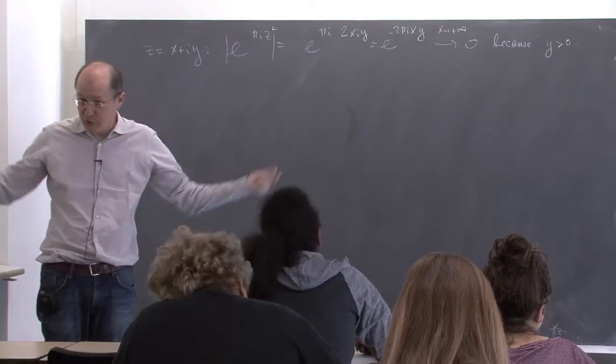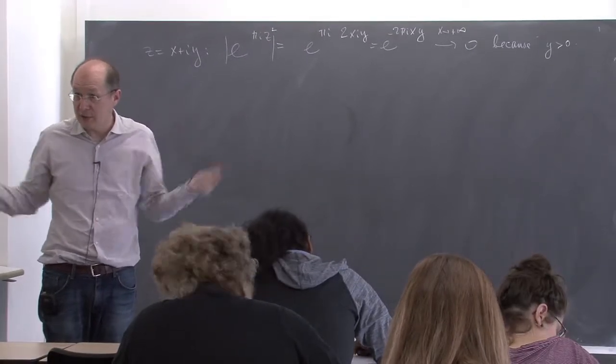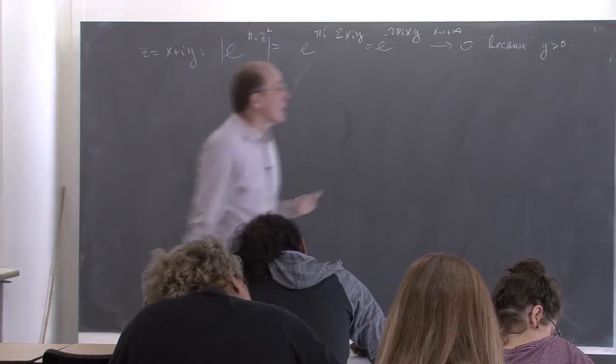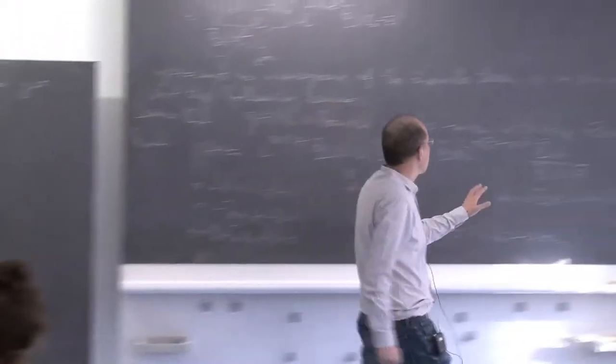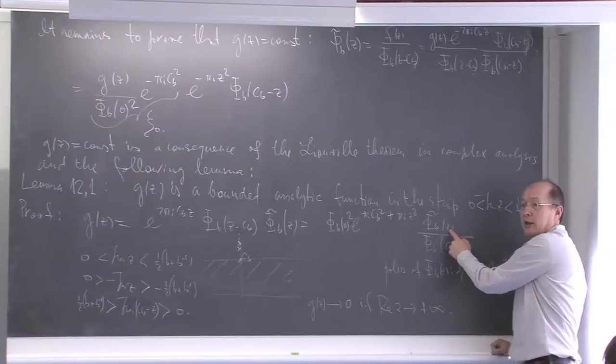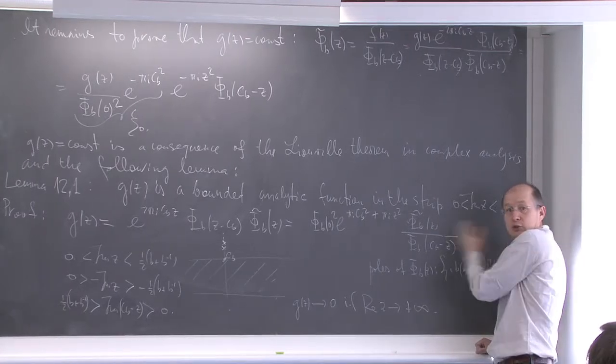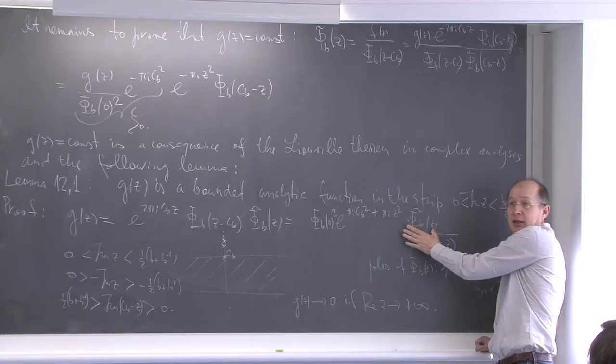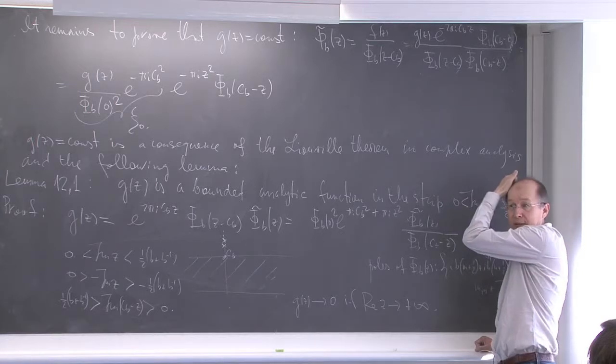Our integral was converging exponentially at infinities, so phi tilde is rapidly decreasing when the real part of z goes to plus or minus infinity. That's clear just from the definition of phi tilde.